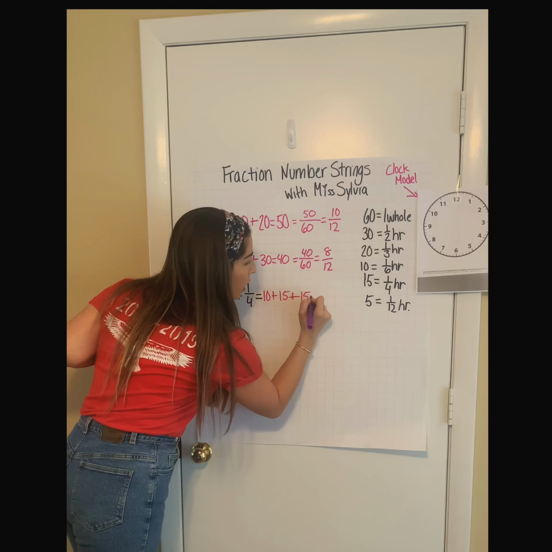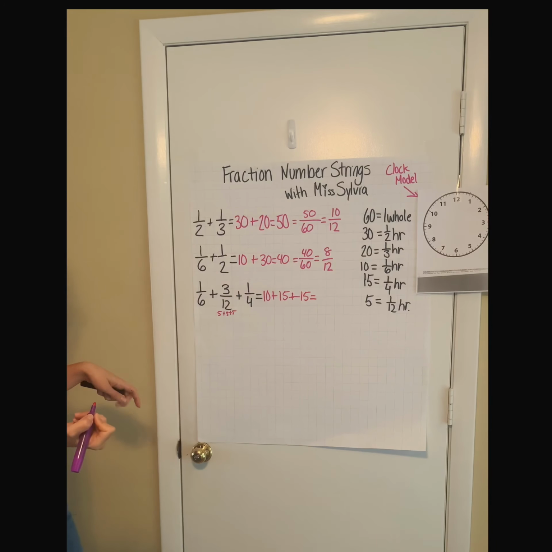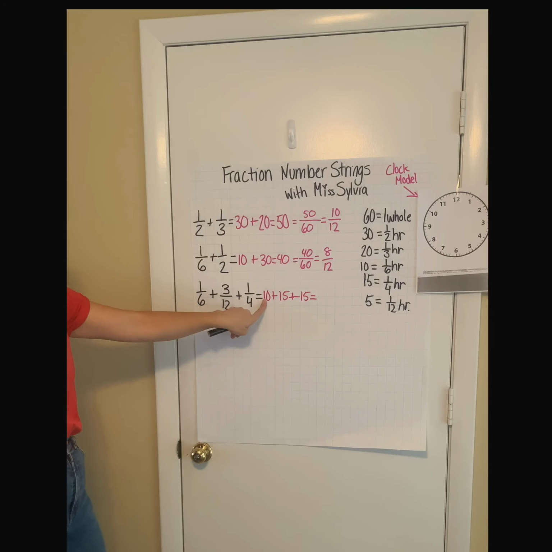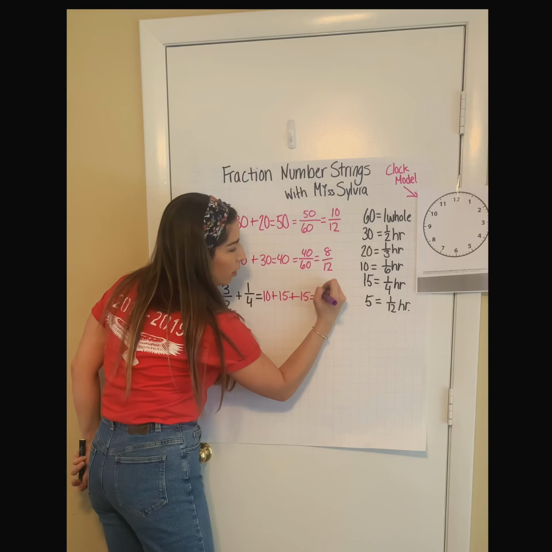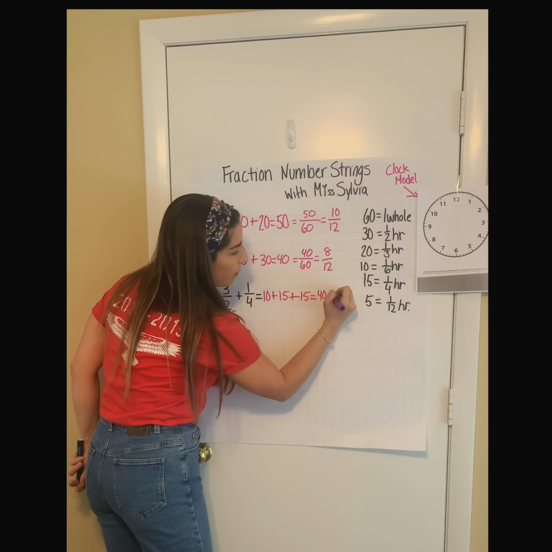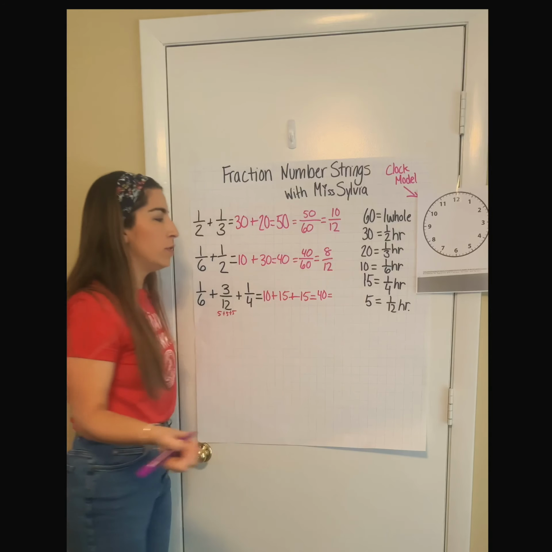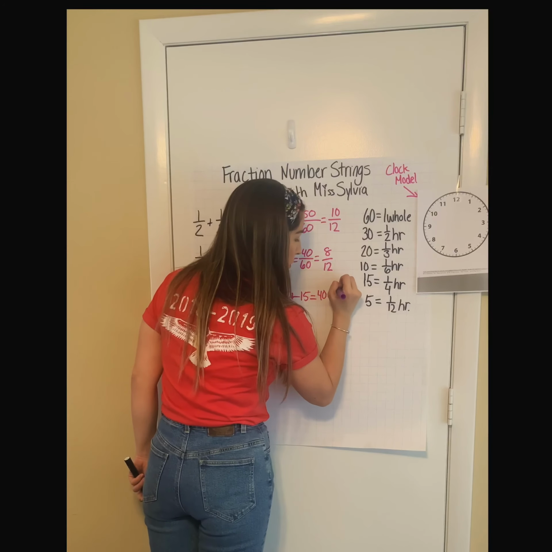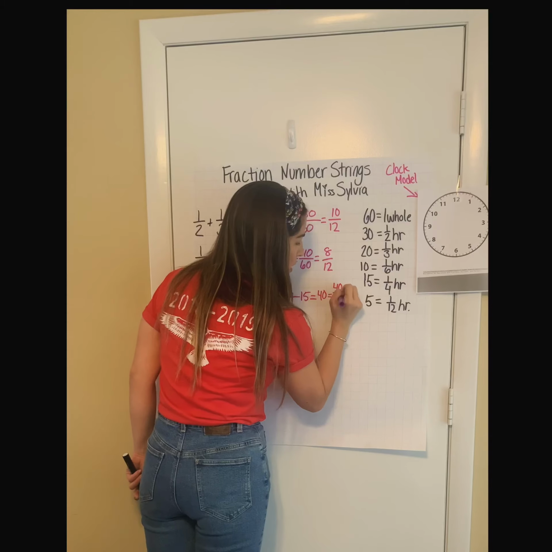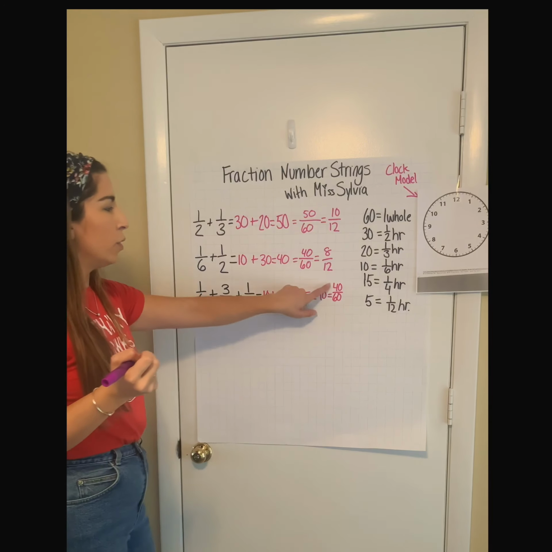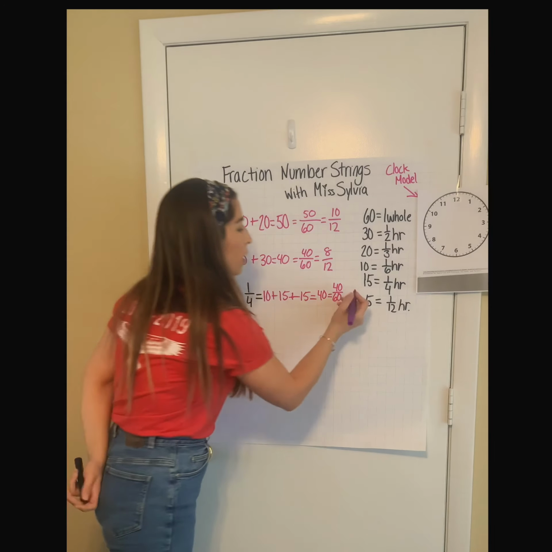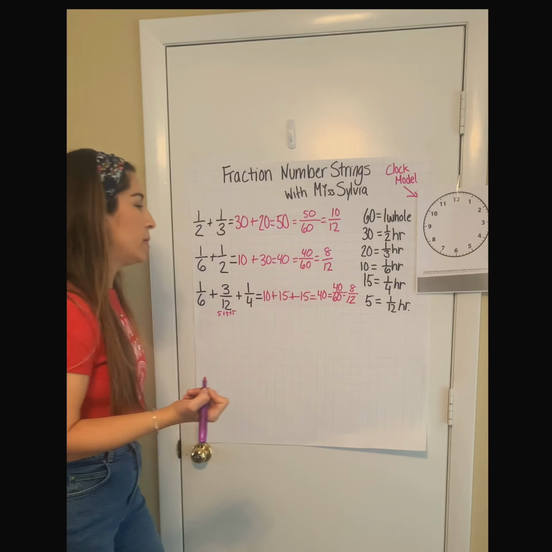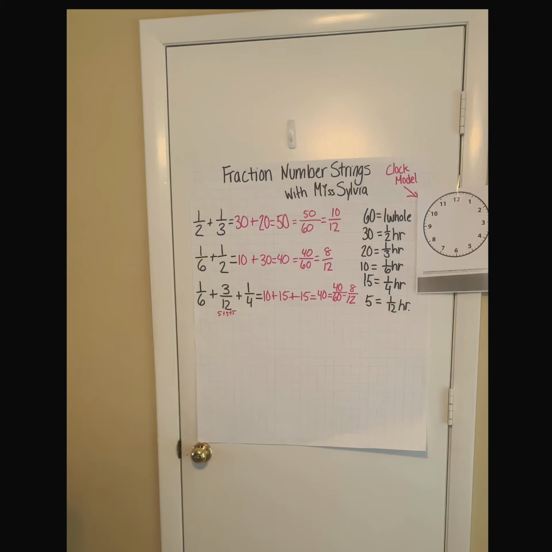So we are going to add that together as well. So here we have 15 plus 15 is 30, and 30 plus 10 would be 40. And to turn that back into a fraction, 40 is your numerator and 60 will be your denominator. And we can simplify or reduce it to 8/12 again.